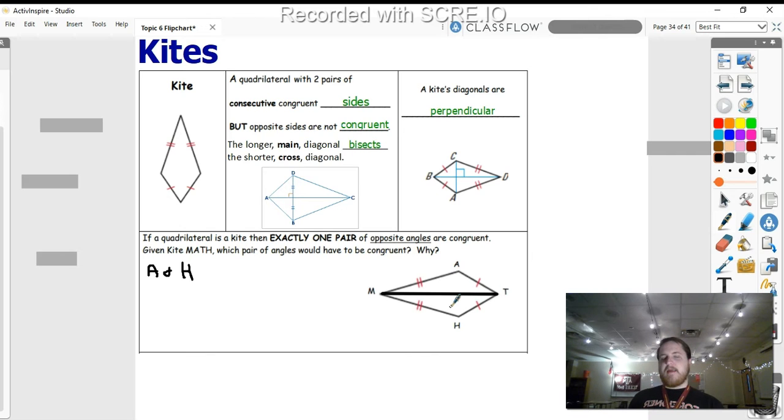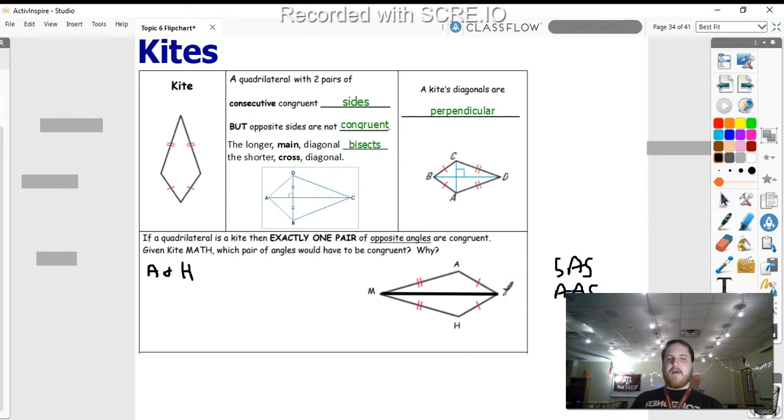Back several units ago, we had a lot of pictures that looked like this, and we had to use a bunch of theorems like SAS or AAS. Remember all of our triangle congruence theorems?